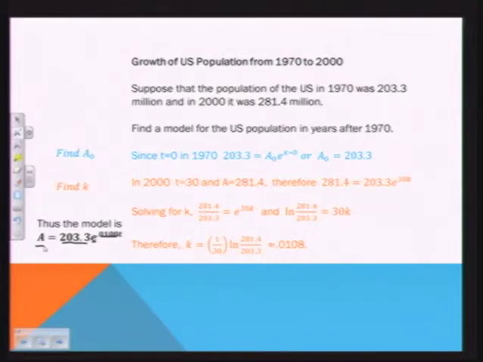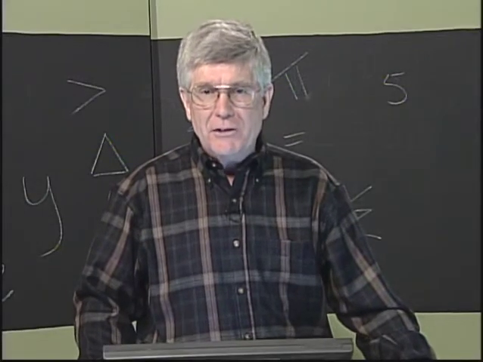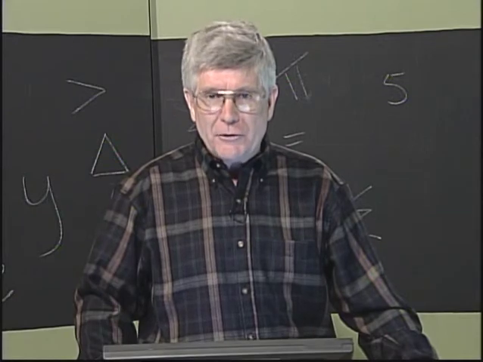And so that means that k, which is 0.0108, means that our growth rate during that time was approximately 1.08% per year from 1970 to 2000. Now, how can that information help us to solve other problems? Let's continue this problem on the next screen.